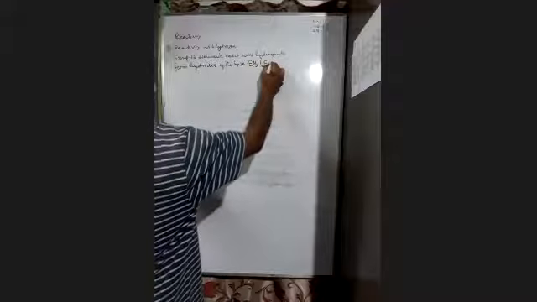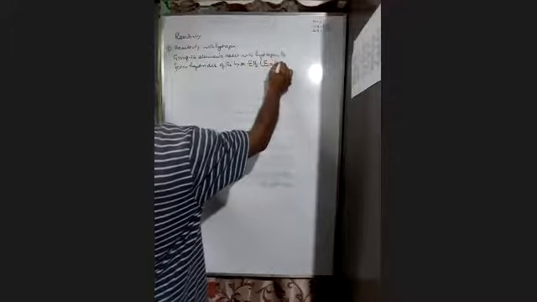The hydrides of the type H2E. What is E? E is oxygen, sulfur, selenium, tellurium.